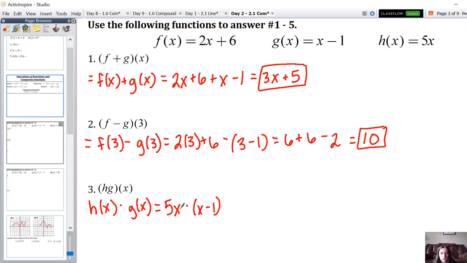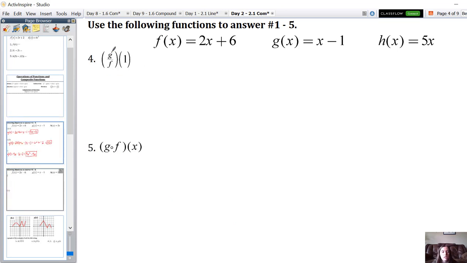So since we're multiplying here, we have a monomial, just one term that we're multiplying into that binomial, so we're going to distribute to both pieces. 5x times x is 5x squared, and then 5x times negative 1 is negative 5x. We don't have any values of x to evaluate, so we are done.